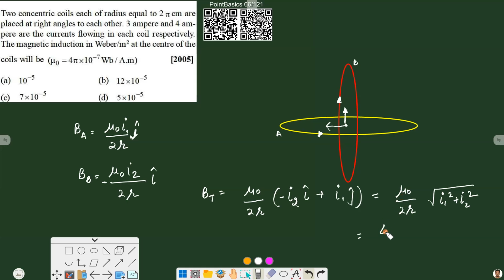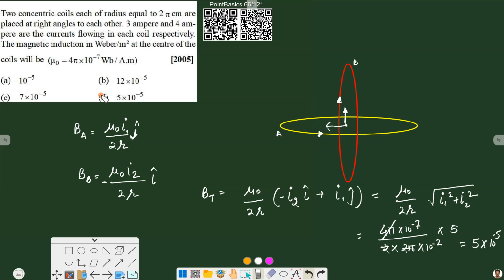Now mu naught is 4 pi × 10^-7 divided by twice the radius, which is 2 pi in centimeters, so 10^-2. Currents are 3 ampere and 4 ampere. Square root of 3 square plus 4 square is equal to 5. So they cut each other and we have the value 5 × 10^-5. So option D will be the right answer.